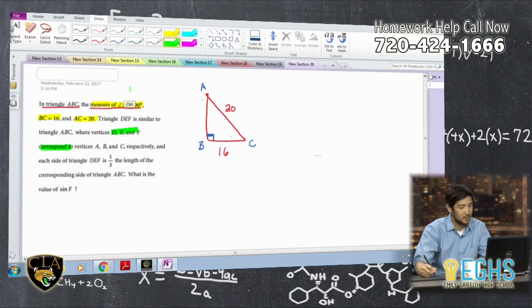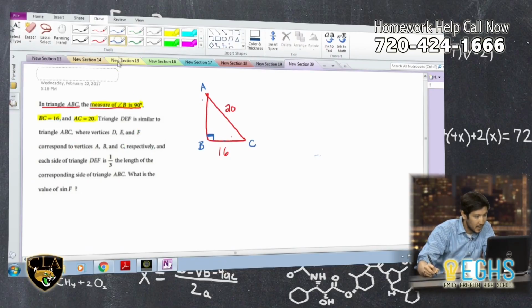What we mean by respectively is that you notice the order D, E, F, and the other order is A, B, C, so we know D and A need to be in the same spot, E and B need to be in the same spot, and F and C need to be in the same spot. So when you hear respectively, think the order is important there.